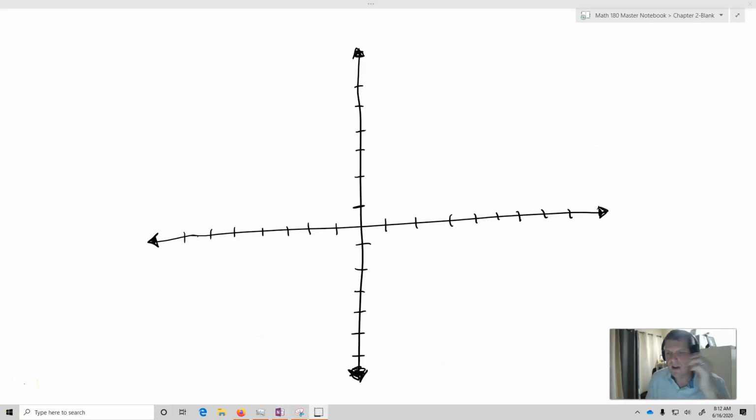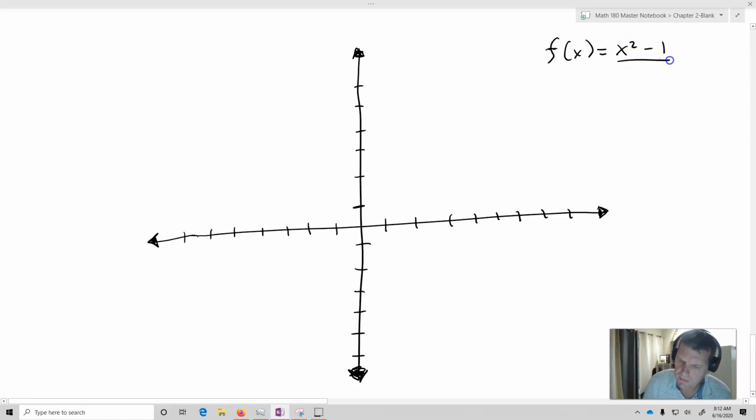Let's draw a graph. Now, if you go into Desmos and you put in x squared minus 1, right? So we have f of x equals (x squared minus 1) over (x minus 1). What you're going to get is this thing that looks like this, okay? It's going to start at 1, and it's going to be like a perfectly straight line, and it won't have a little hole in it.